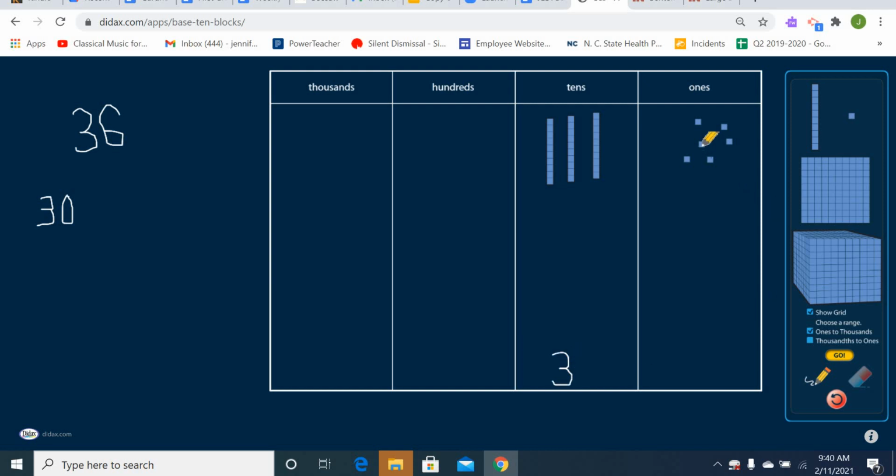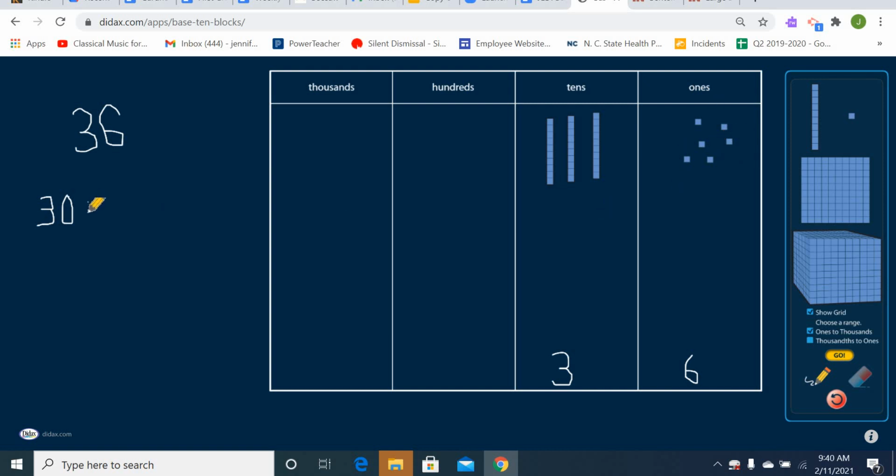And I have 1, 2, 3, 4, 5, 6 ones. So I know that my value of 6 is just 6, right? It's 6 ones, and 6 ones is 6. Okay? So I have a 3 in my tens place, and the value of my 3 is 10, 20, 30, and I have a 6 in my ones place, so my value of 6 is just 6 because it's 6 ones.